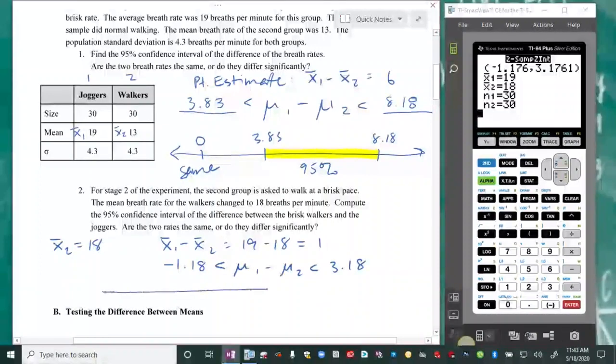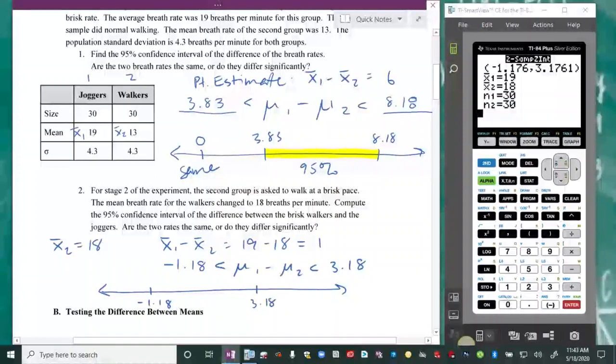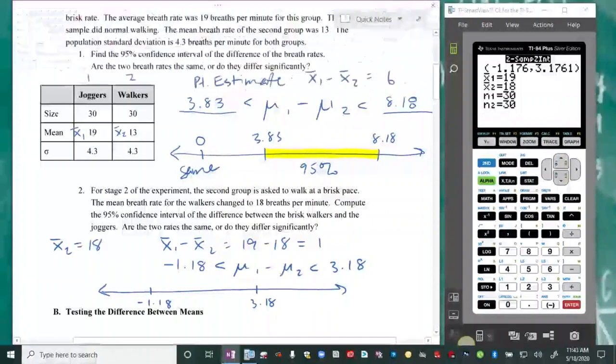So if I put this now onto a number line, I've got negative 1.18 here, and then 3.18 here. So I would expect 95% of the time, if I grabbed groups of 30 walkers walking briskly and 30 joggers, that the difference would be somewhere between negative 1.18 and 3.18.